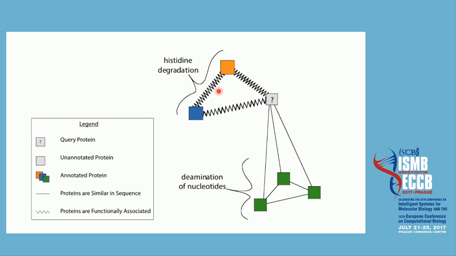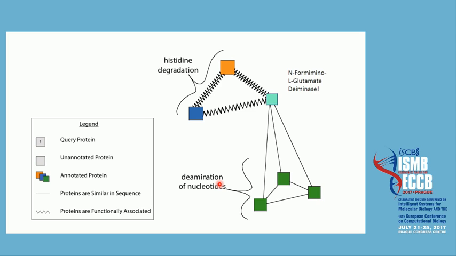And therefore they didn't think it was very likely that it was actually a nucleotide deaminase. They hypothesized this because histidine is not a nucleotide. So by looking at the substrate substructures, they hypothesized that maybe it was actually an N-formamino L-glutamate deaminase, and they validated this experimentally.